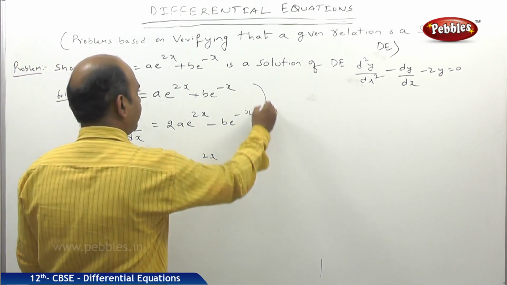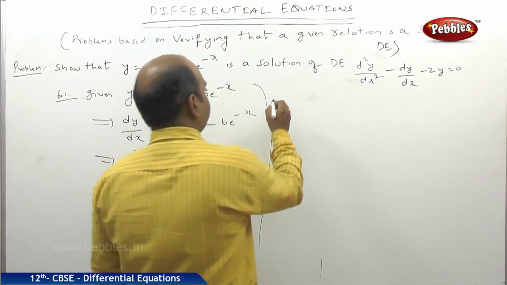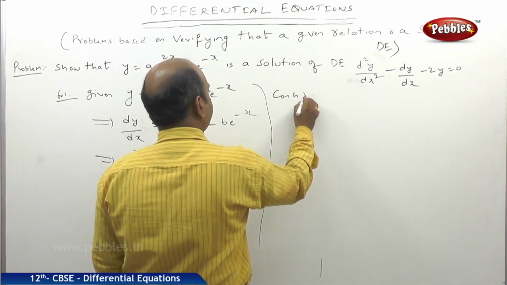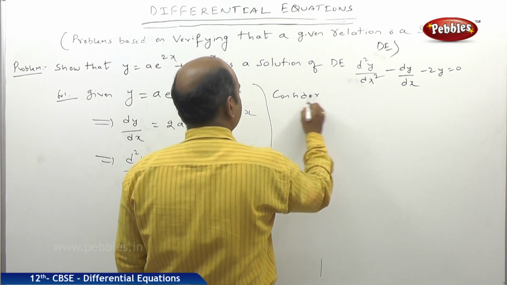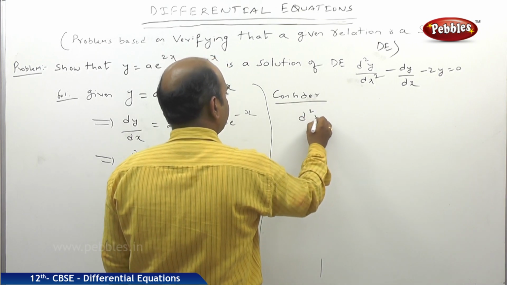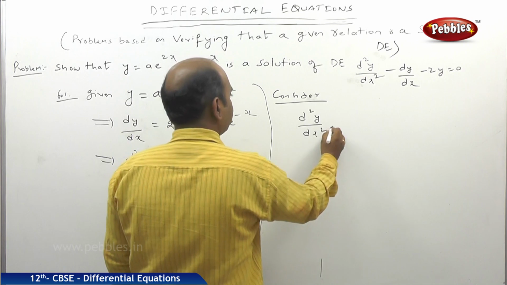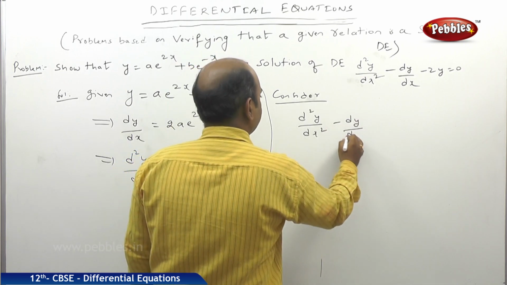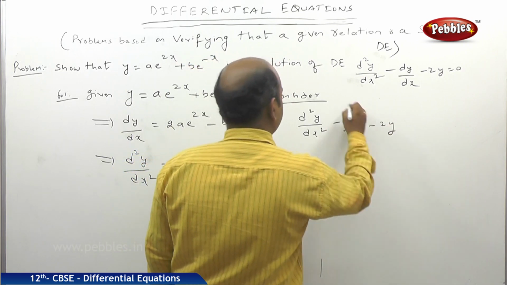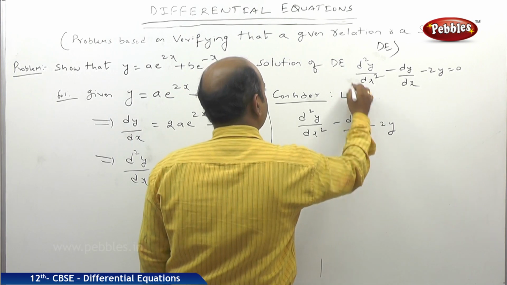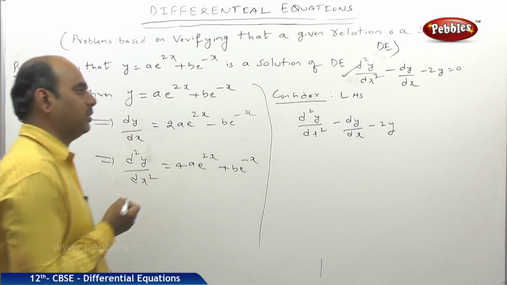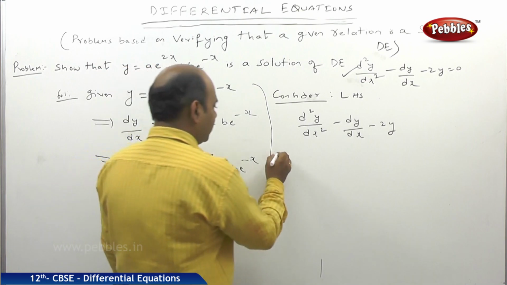Now later I will be considering the LHS of the given differential equation. So consider d square y by dx square minus dy by dx minus 2y. That means I considered the LHS, this particular part of the given differential equation.